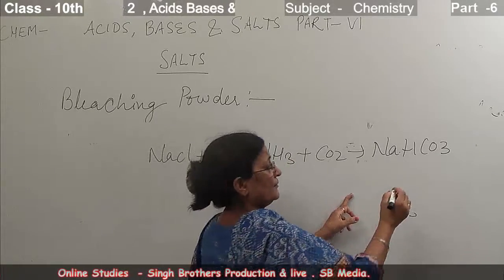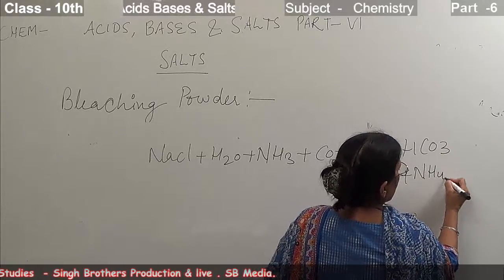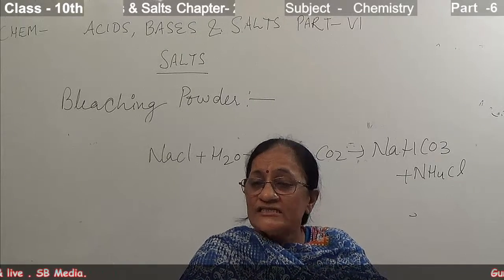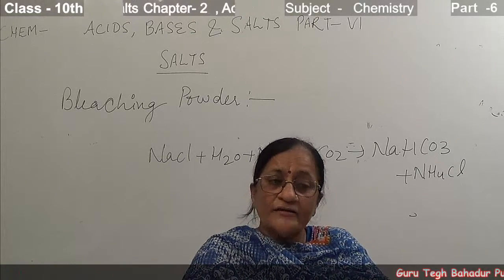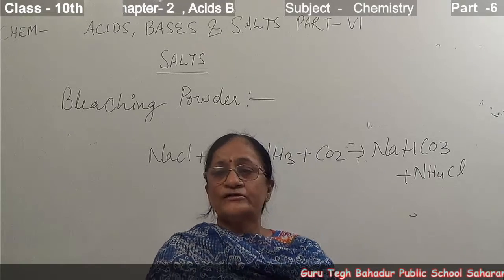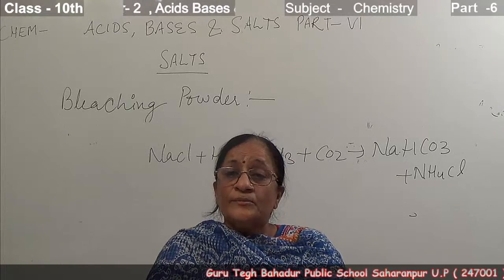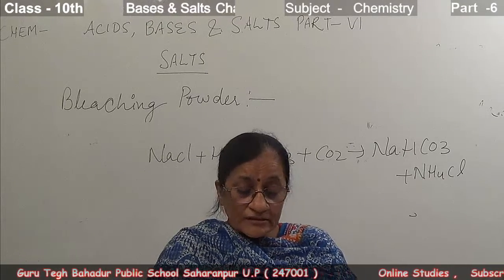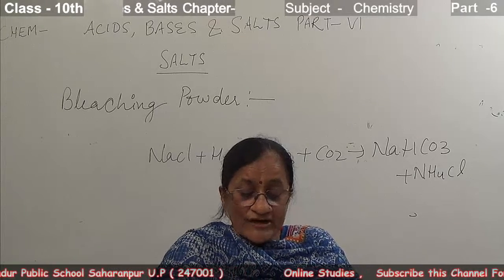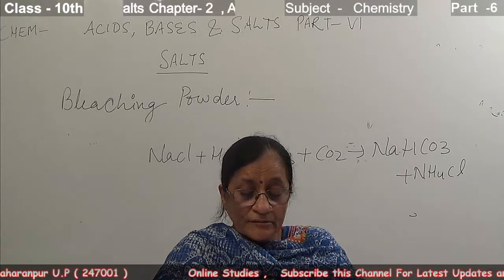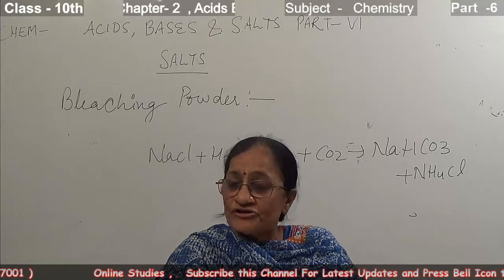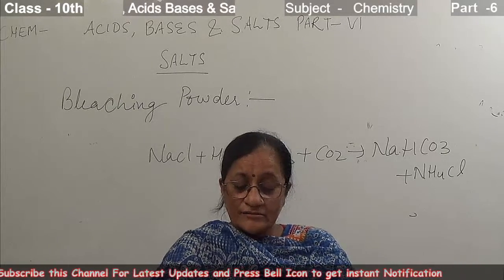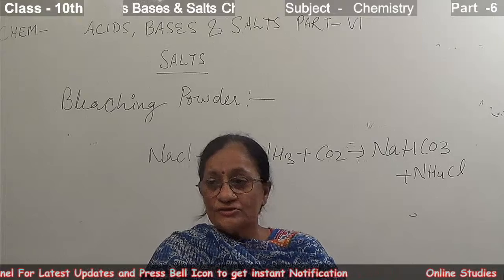Besides that, ammonium chloride, NH4Cl, is formed here. So the solution that is formed contains two things, sodium hydrogen carbonate and ammonium chloride. But sodium hydrogen carbonate, as it is less soluble in water, forms a white crystalline solid, and it can be obtained by filtration, and then it is dried, and it is the sodium hydrogen carbonate or baking soda.